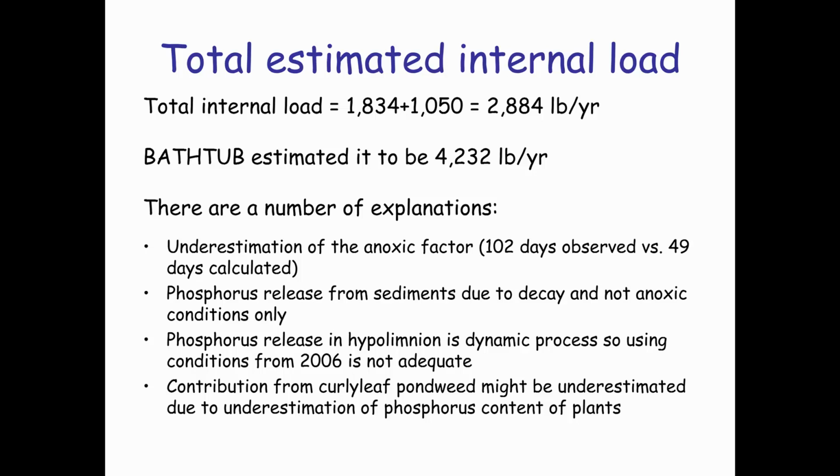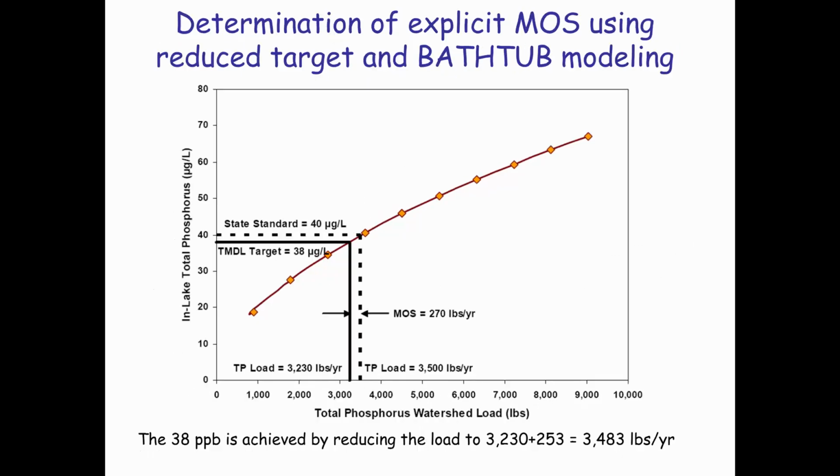It's already mentioned that perhaps using 2006 information to model the dynamics of the hypolimnion may not be sufficient. And then also it may be that the curly pondweed total phosphorus mass may be underestimated.